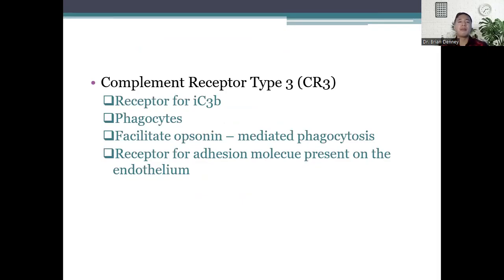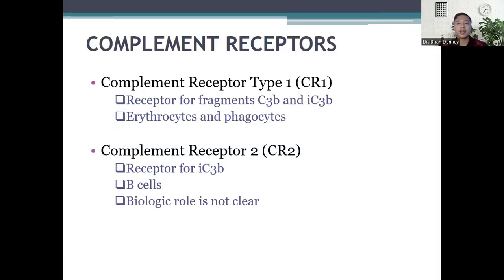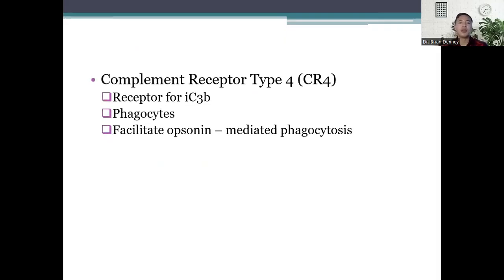And then we have receptor type 3 or CR3, a receptor for your iC3b. Class, do not memorize. These two slides will not come out in my exam. Next, we have CR4, which is a receptor for iC3b. So this will not come out in the exam also, but I have to run through that for board exam purposes.